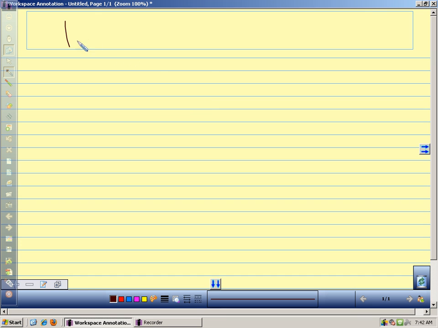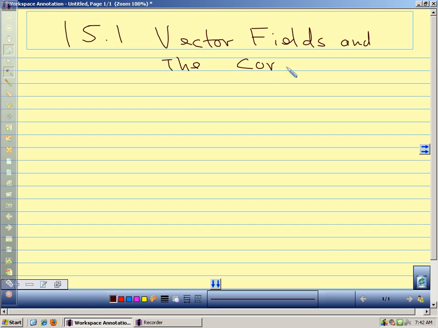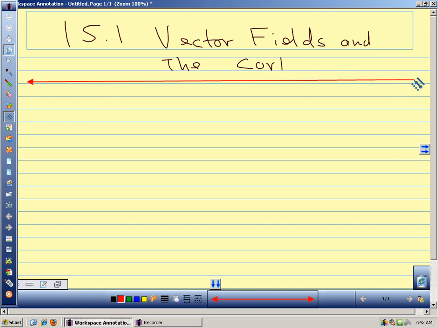So we're in section 15. We'll get to learn some new terms and some new symbols in this. What is that song?